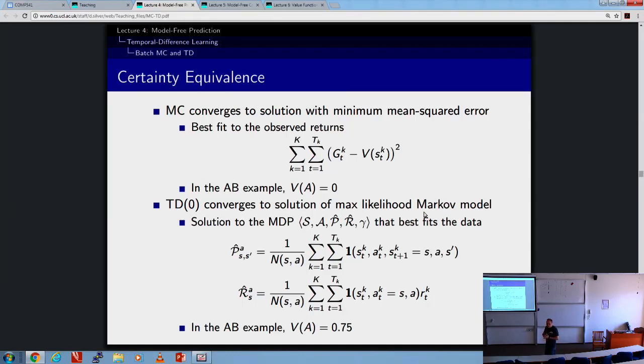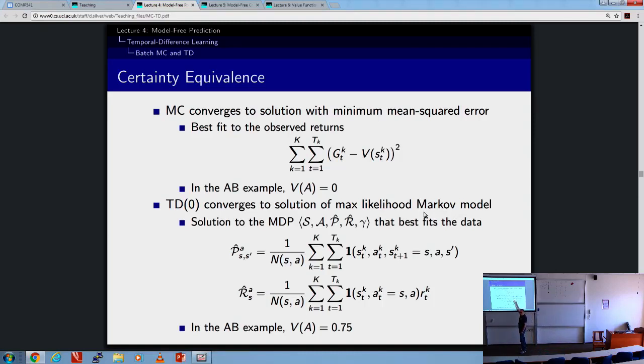For this problem, do we know V of ST? No. In either case, we're trying to find the V of ST, right? So in all of our algorithms, we fill all the V of STs with 0, and then we learn from experience. So when we do that, where do they converge? Well, MC converges to the least squares answer to this equation.